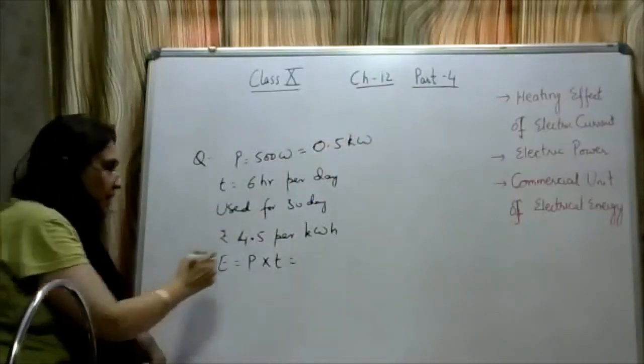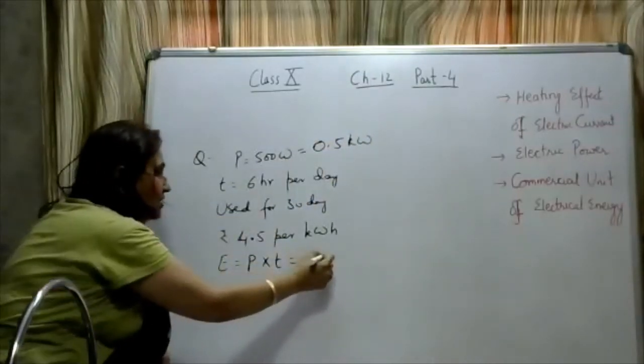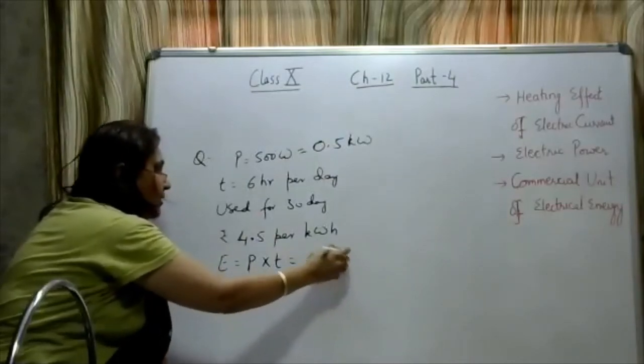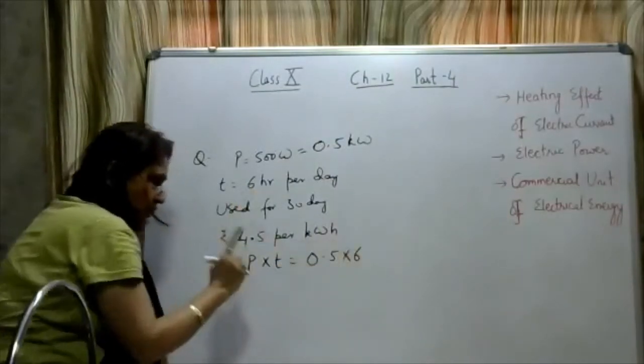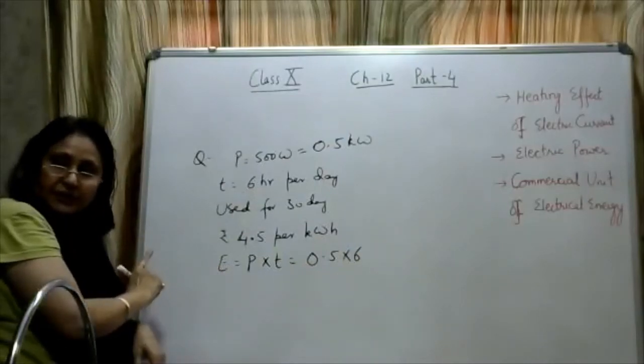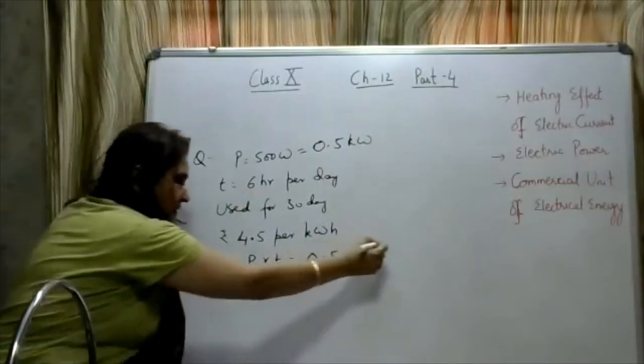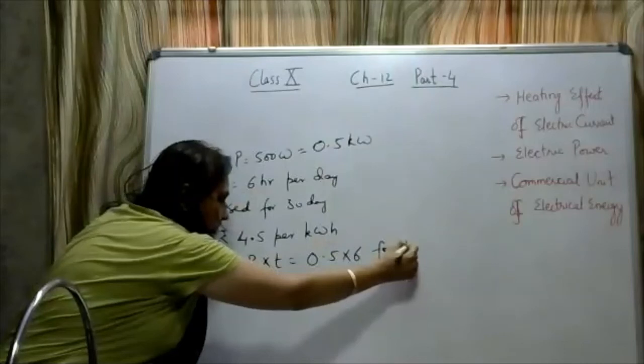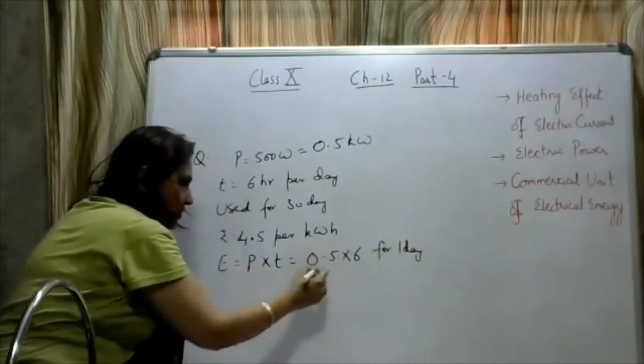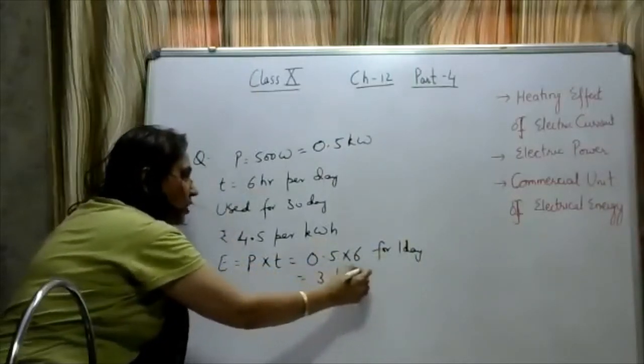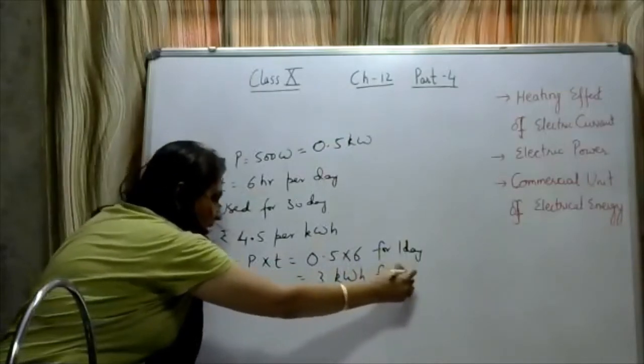So here we have converted the electrical power into kilowatt. So 0.5 into time, which is 6 hours for 1 day. We are finding out the electrical energy consumed for 1 day, which is equal to 3 kilowatt hour for 1 day.